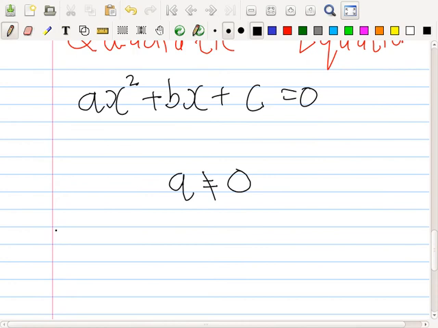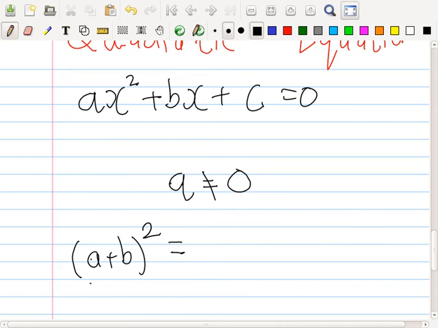So I'll give you a little bit of a multiplying example first. Suppose I have a plus b and I want to square it. There's a quick way and a long way to do it.